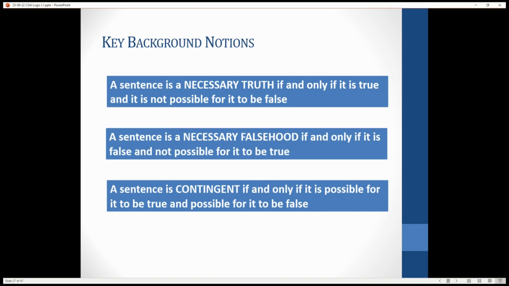Similarly, we can say a sentence is a necessary falsehood if and only if it's false and it's not possibly true. Not only is it false, but it's always false. And then finally, we can say a sentence is contingent if and only if it's possible for the sentence to be true and it's possible for it to be false.